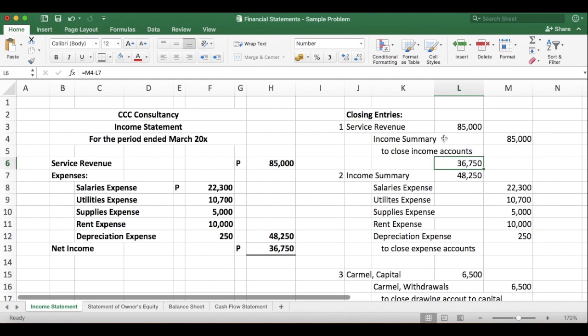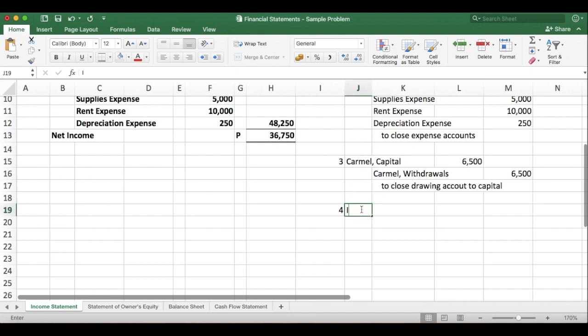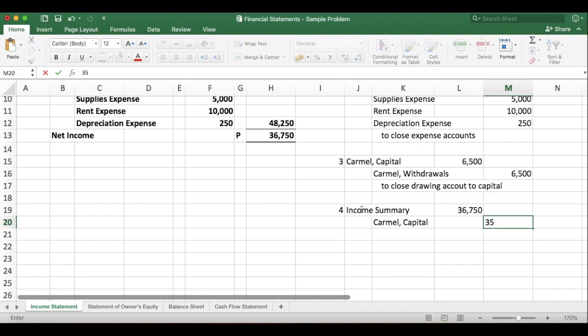So if it has a credit balance of 36,750, to make it 0, we have to debit income summary and credit Carmel Capital at 36,750, which is actually your net income. That's why it's called income summary as well. So that would be to close income summary to capital.